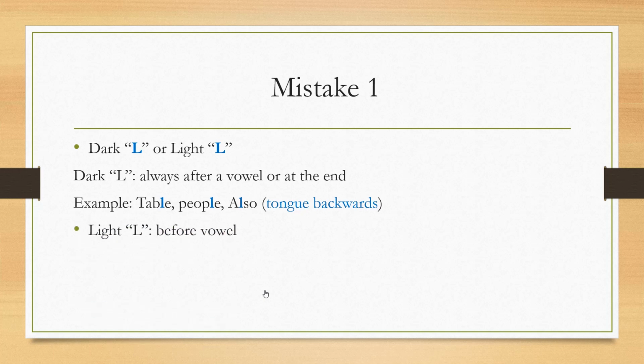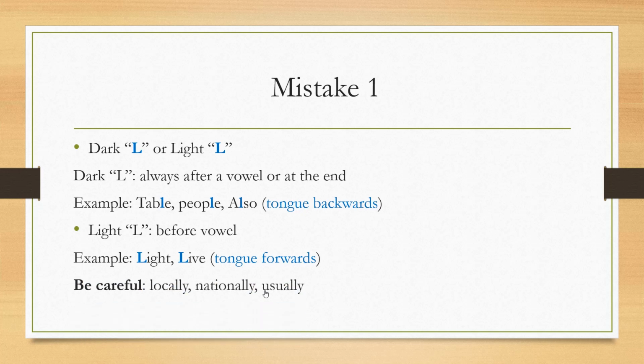The opposite is the light L that comes before a vowel, such as in light or in live. And this way you have to bring the tongue forward. But you have also to be very careful when it comes to the dark L.